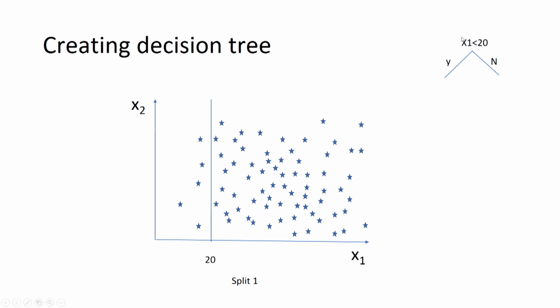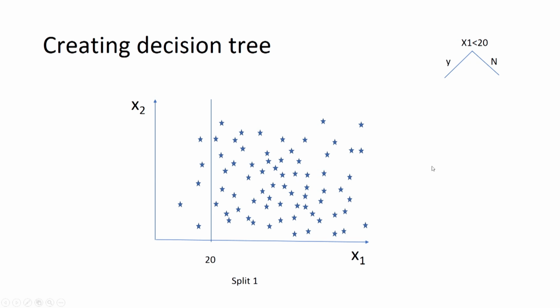So, x1 less than 20 is at the root, and based on this condition, either true or false, we are dividing this data set into two parts. If x1 is less than 20, this condition is true. This node represents this part and this node represents this particular part.